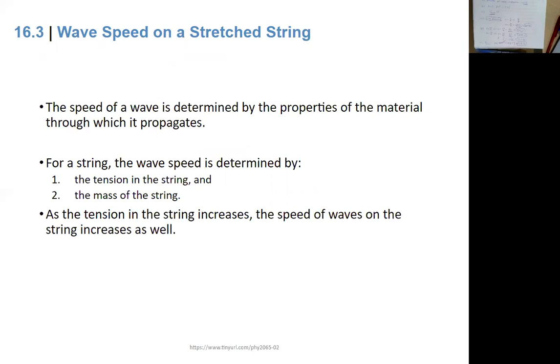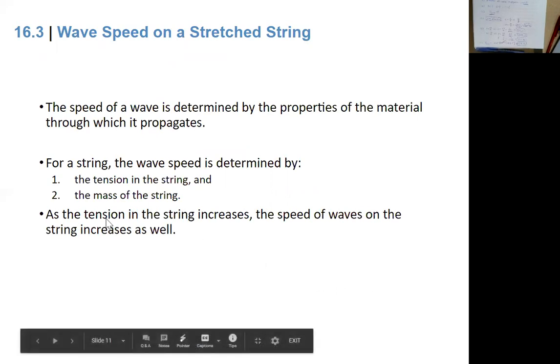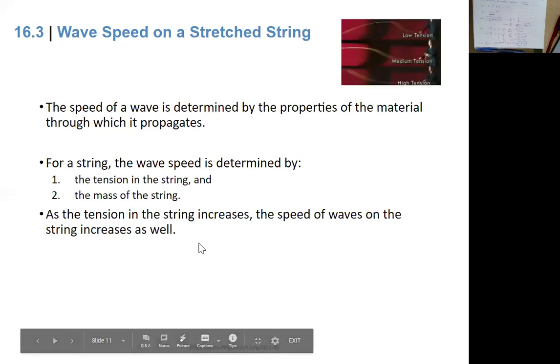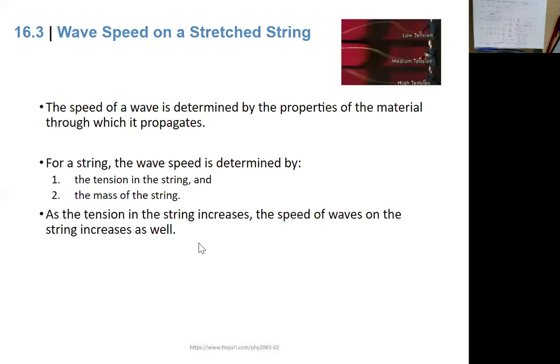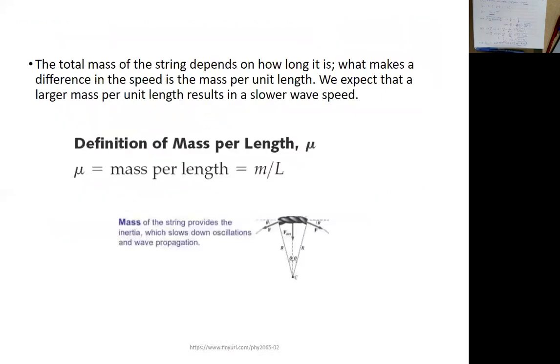If tension increases, then the speed of the wave will increase. That's from experimental observation. Now, the other factor, how thin or how thick the string is, can be described by the linear mass density of the string.